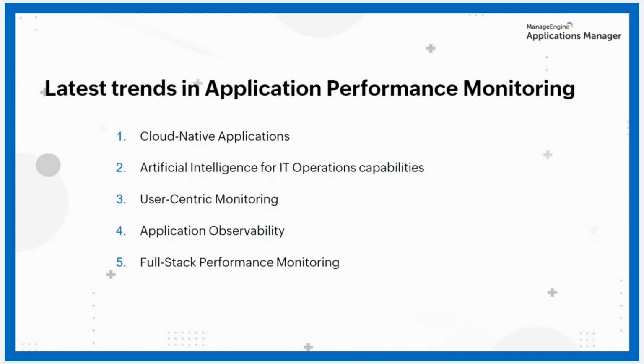The fourth one is application observability. Traditional APM gains insights into application behavior using metrics, while observability offers deeper insights into distributed traces and logs for better troubleshooting and root cause analysis.